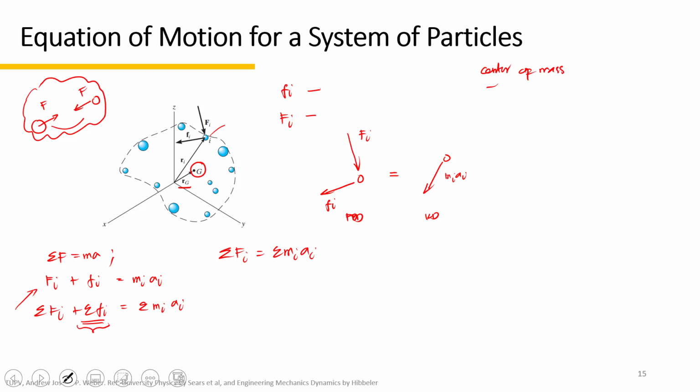In statistical language, the center of mass can be thought of as a mass weighted average position. That is a precise definition of the center of mass from the point of view of statistics. It is a mass weighted average position.